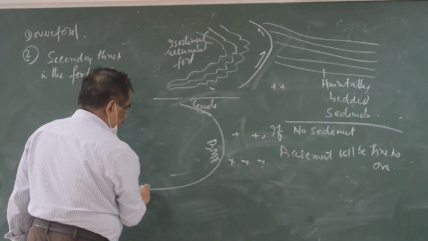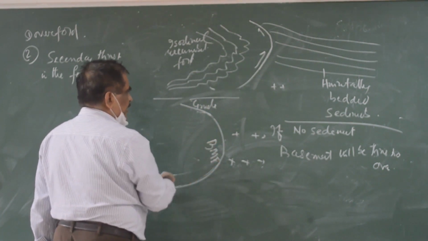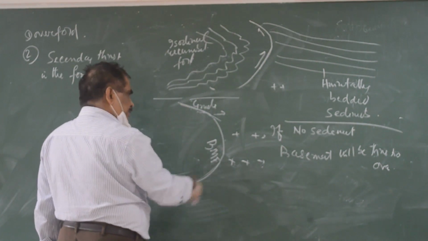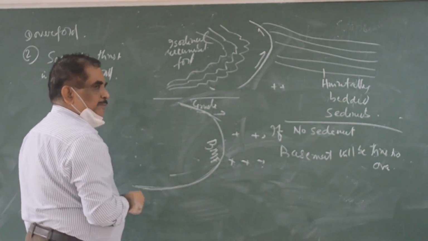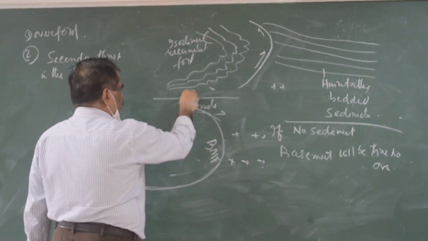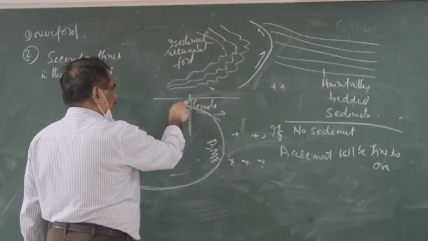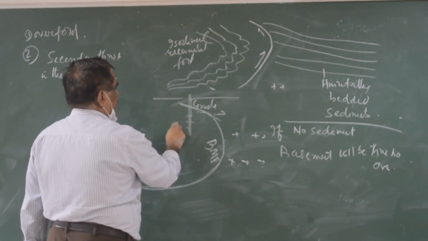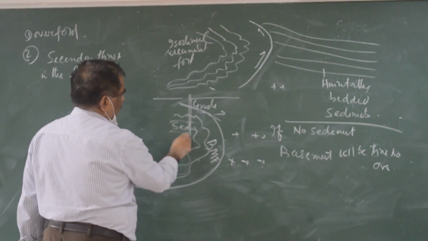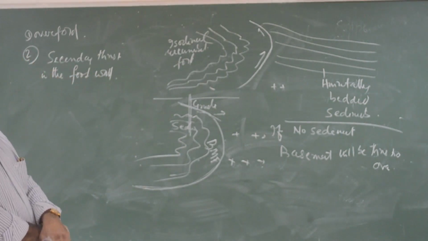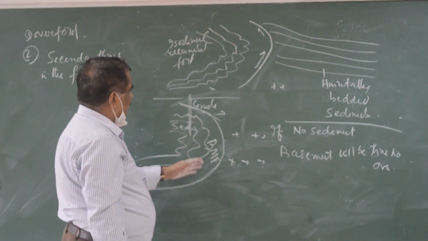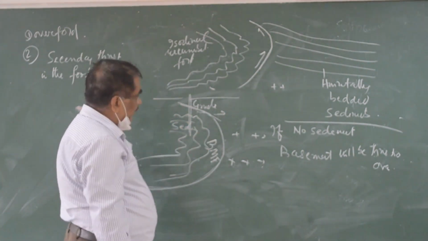Earlier the thrust was inclined this way, now this thrust will be inclined this way, because of this basin margin inversion. So granite will be overlying the sediments. You could draw a borehole here. First there will be granite, below you have the sediments. So this happens when the basin margin fault is inverted towards the basin.